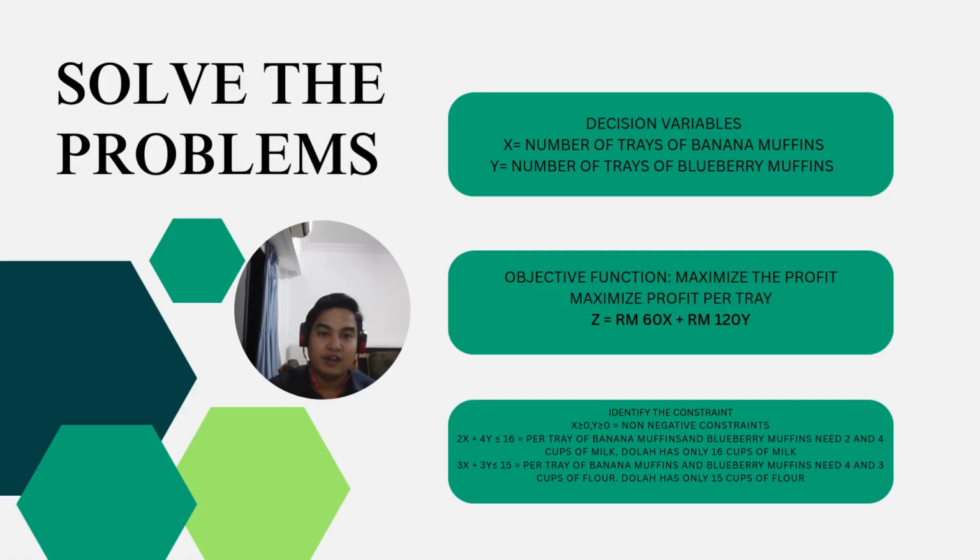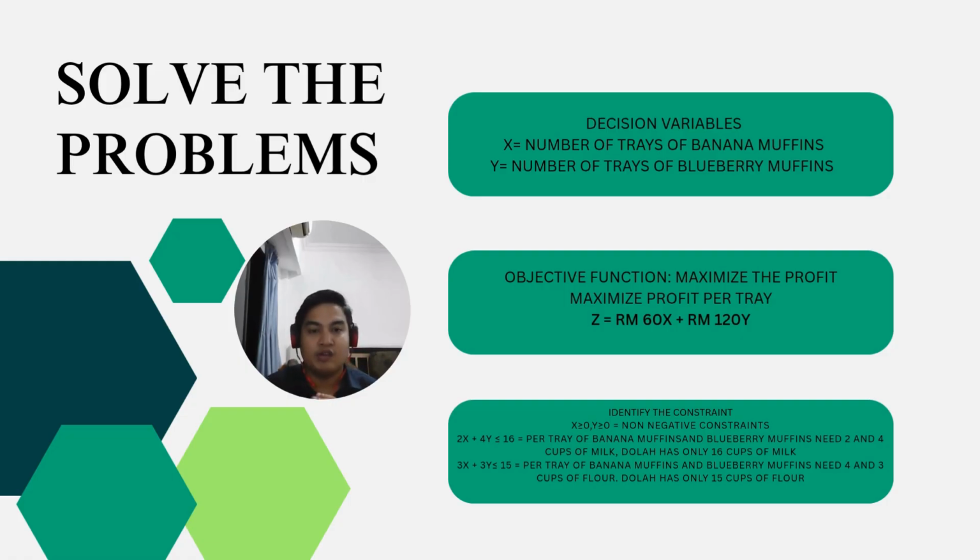To identify the constraints, starting with the non-negative constraints, x is greater than or equal to 0, y is greater than or equal to 0. For the milk, per tray of banana muffins and blueberry muffins need 2 and 4 cups of milk, and Dollah has only 16 cups of milk, so 2x plus 4y is less than or equal to 16.